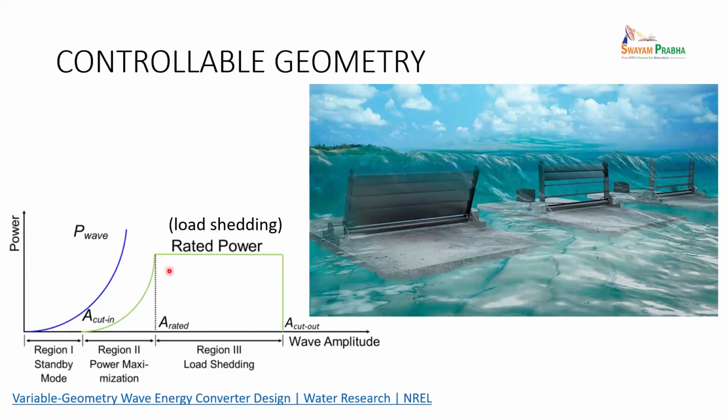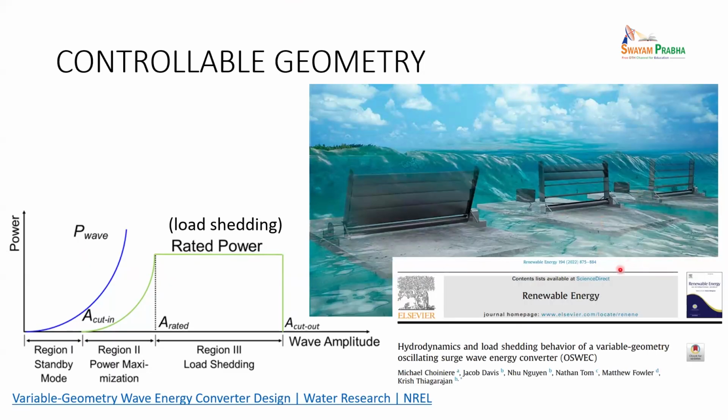And then if the wave is too large, they open all the windows, right? When they open all the windows, it reduces the power. So that is control on the geometry side.